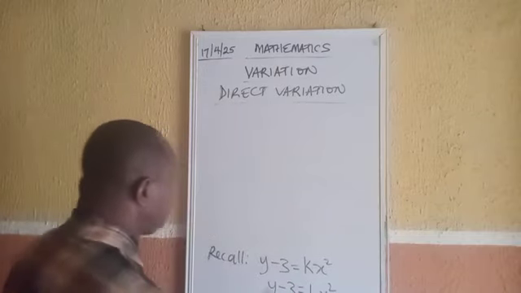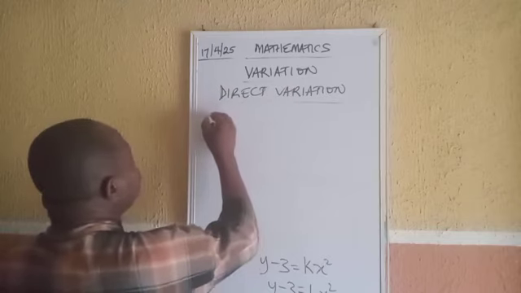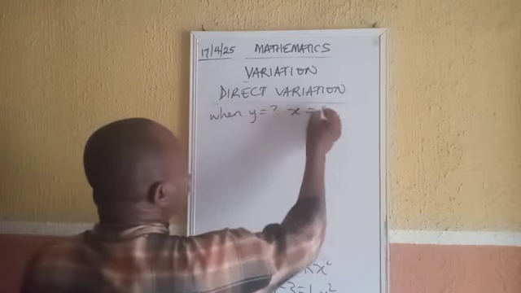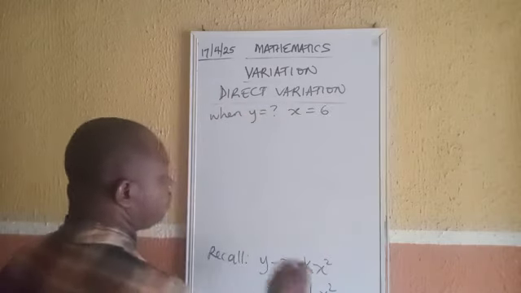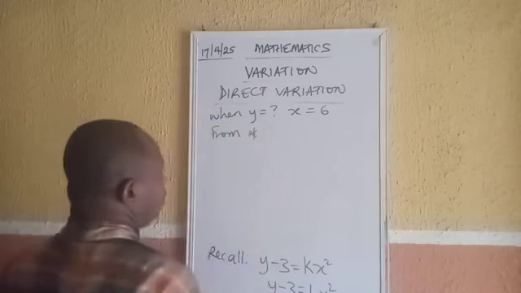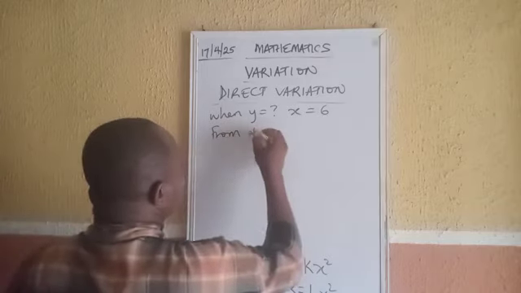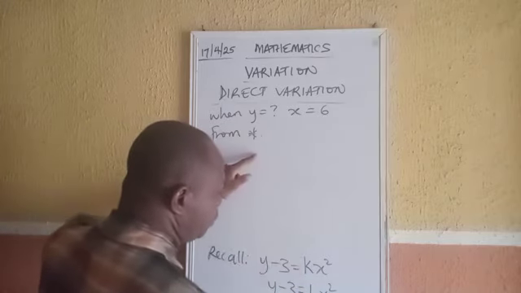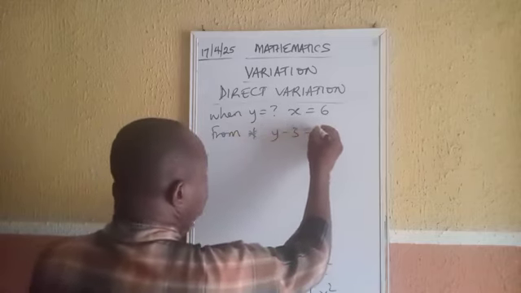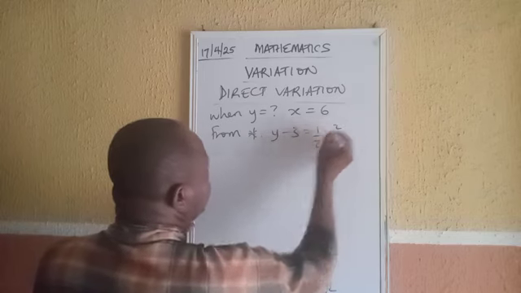So let's find y. When y we don't know, x is 6, from the equation start, which is y minus 3 equals 1 over 2 squared.